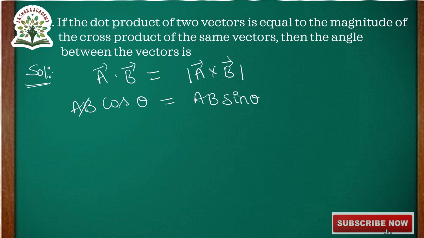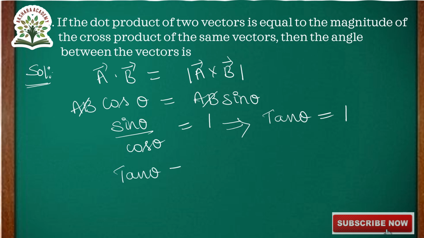Here AB gets cancelled. Cos theta is equal to sin theta, or you can write sin theta by cos theta is equal to 1. So this implies tan theta is equal to 1.